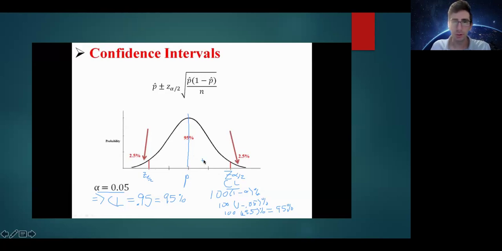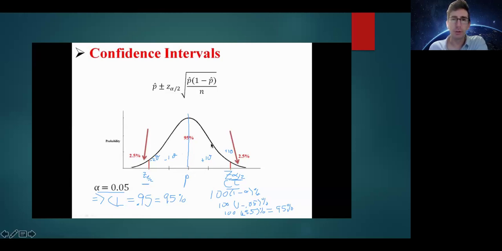This would be plus 1 standard deviation, plus 2, right? Minus 1 standard deviation and minus 2 standard deviations. We're 95% confident that our true population proportion is 2 standard deviations below, 2 standard deviations above, right? We're 95% confident that that population proportion falls between these two cutoff values.